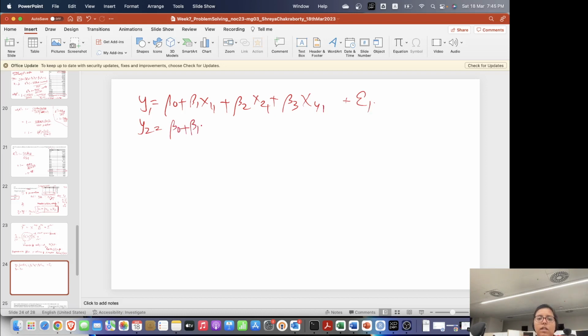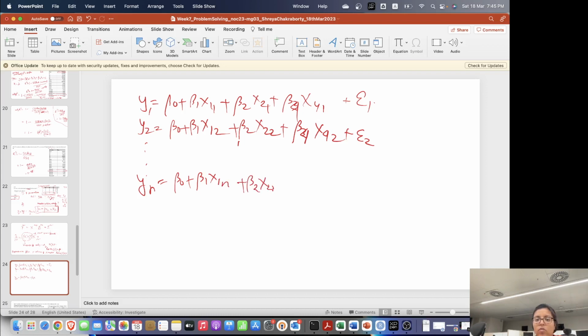Beta naught plus beta 1 x12 plus beta 2 x22 plus beta 4 x42 plus epsilon 2. So let's say we have n such individuals, so we will have n such equations, up to x2n plus beta 4 x4n plus epsilon n.